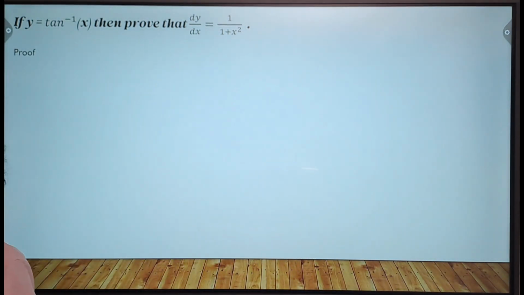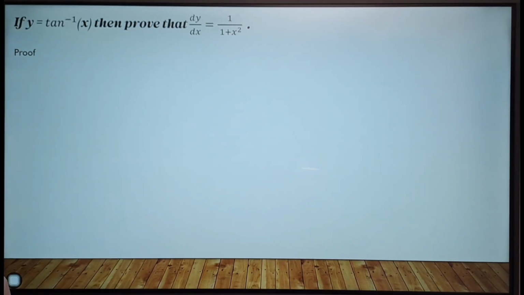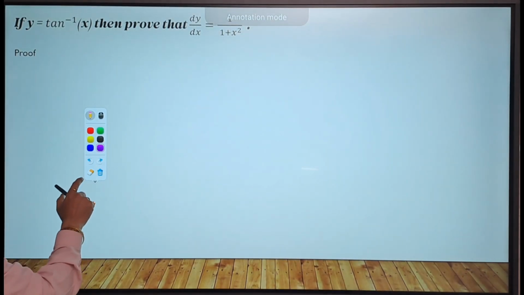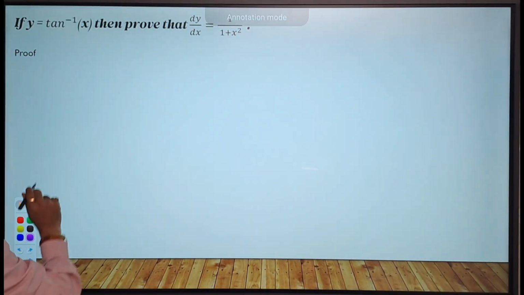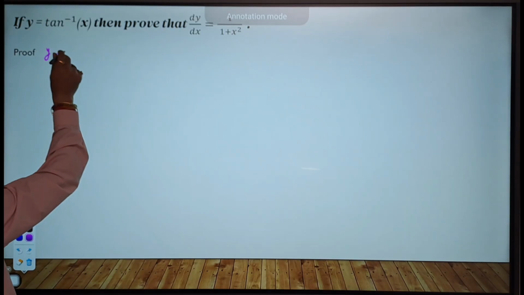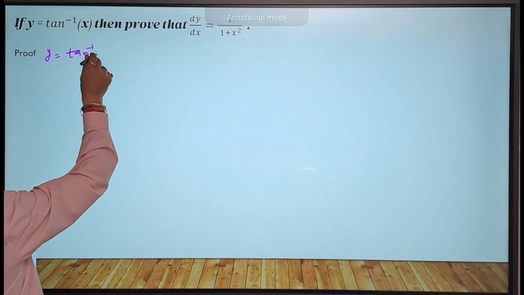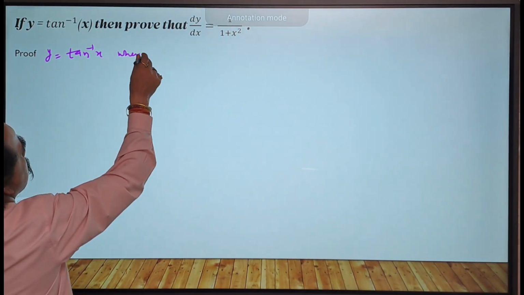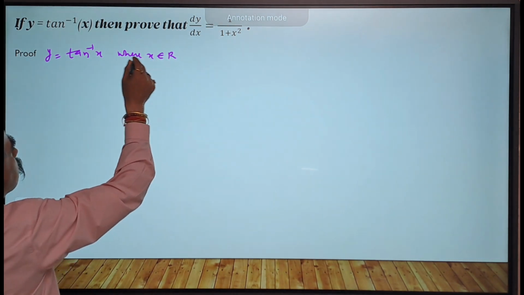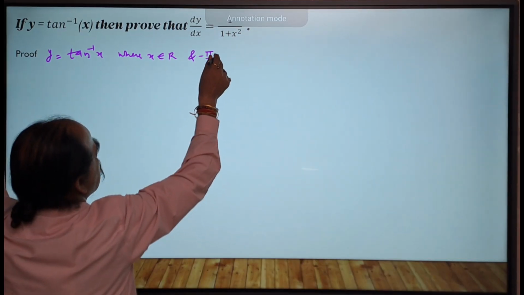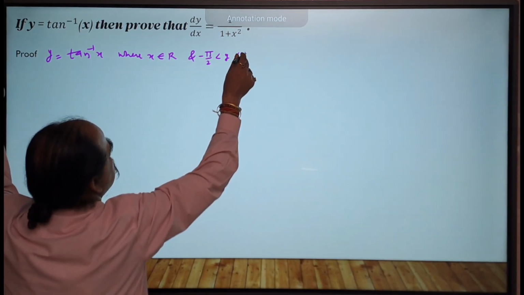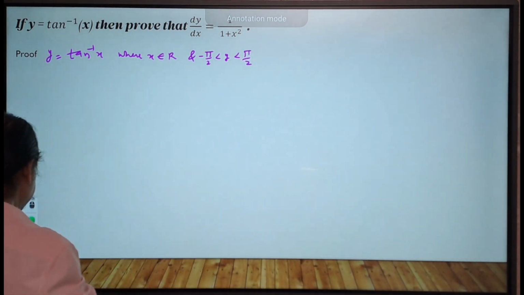Next is y is equal to tan inverse x, where x belongs to R, the entire real line, and minus pi by 2 less than y less than plus pi by 2.